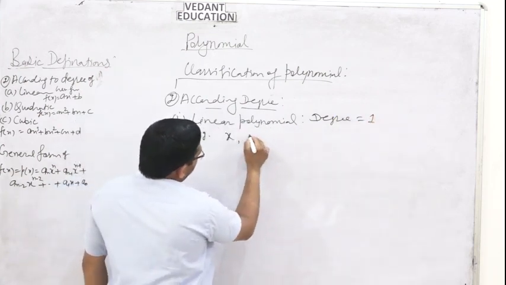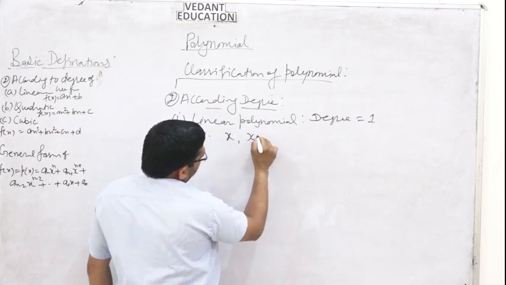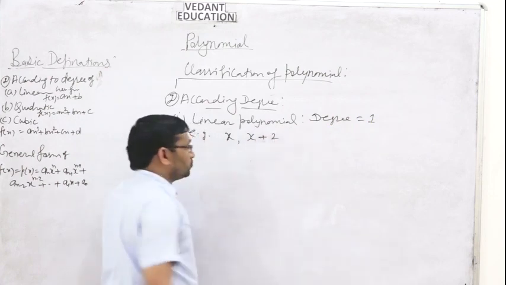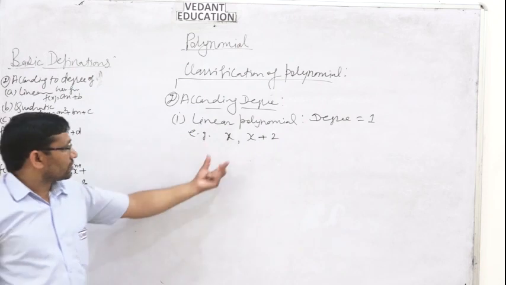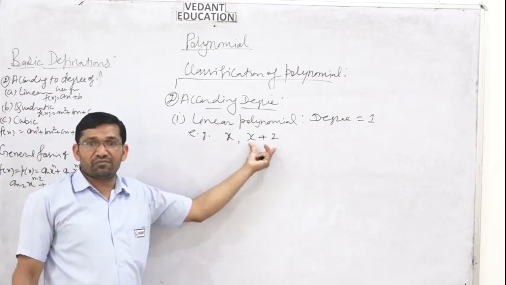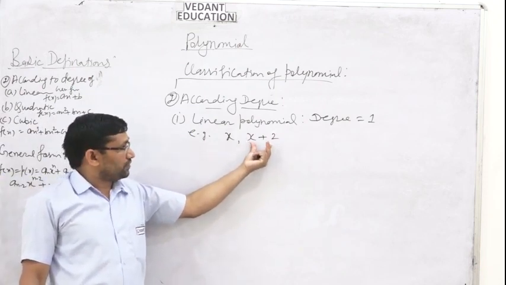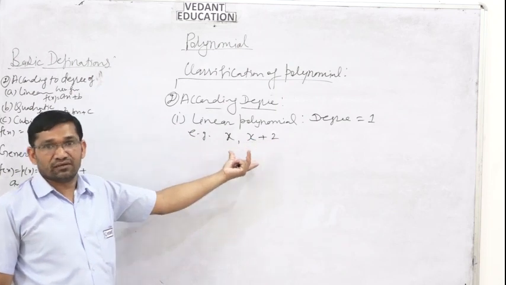Other example, x plus 2. This is also a linear polynomial because the degree of this polynomial is also 1.